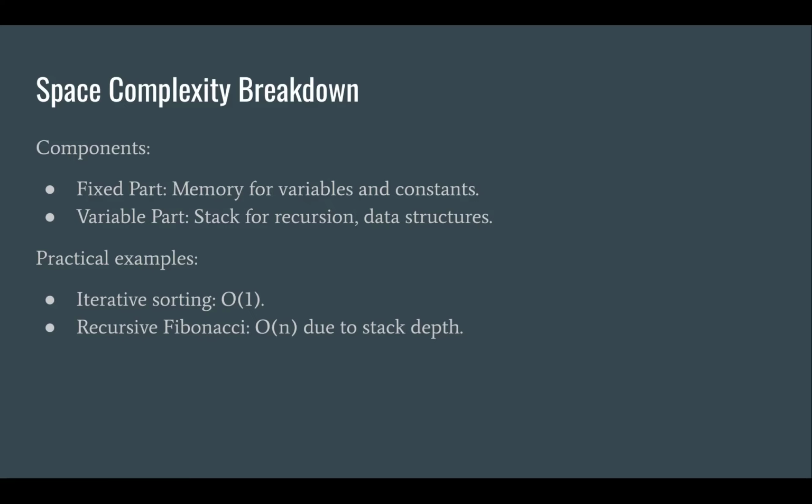For example, sorting an array iteratively requires no extra space, giving it an O(1) space complexity. In contrast, recursive solutions often require extra space for the call stack. So when designing algorithms, you want to consider whether you can reduce space usage without sacrificing clarity or performance.